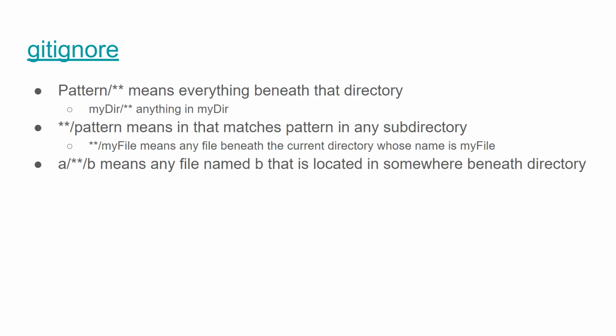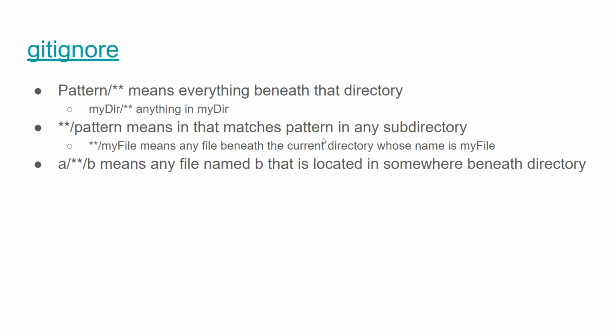Some special patterns, the star star. So pattern slash star star means everything beneath that directory. So if you have my dir slash star star, it's anything inside my dir. Star star slash in the pattern means it will match inside any of the subdirectories. So star star slash my file means any file beneath the current directory whose name is my file.